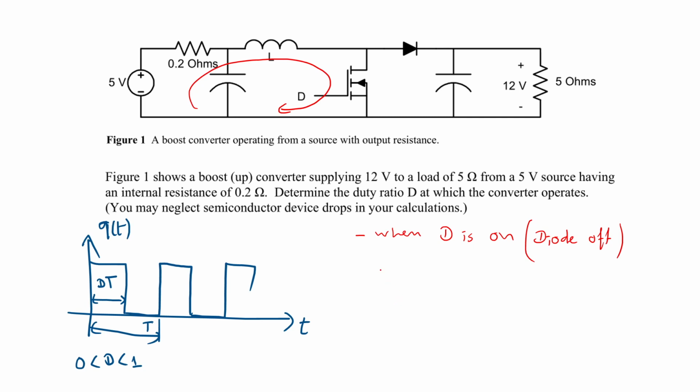So from Kirchhoff's voltage law, you have V1, because here is plus and here is plus minus, V1 minus the current I1 times R plus VL equal to 0.